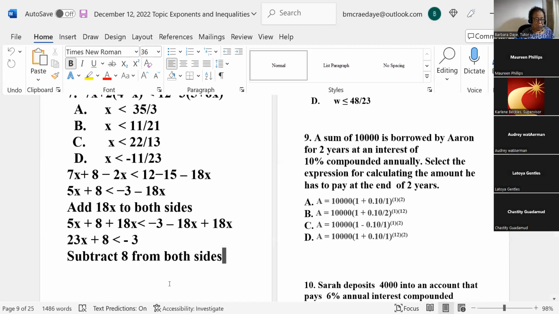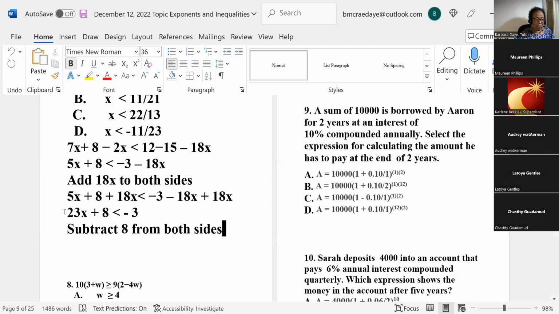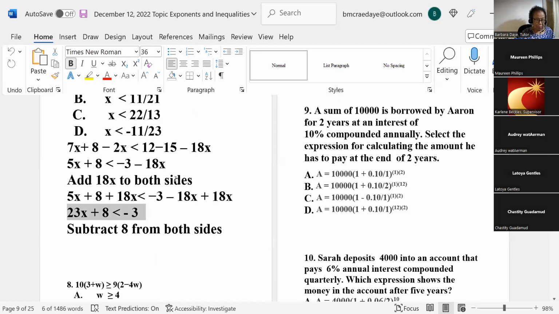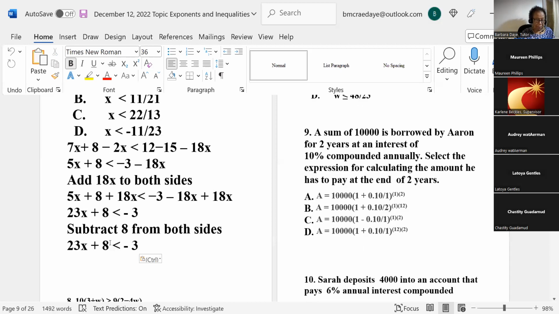Let's just take the 23x plus 8. Subtract the 8 from both sides. So that's minus 8 on the left, minus 8 on the right.